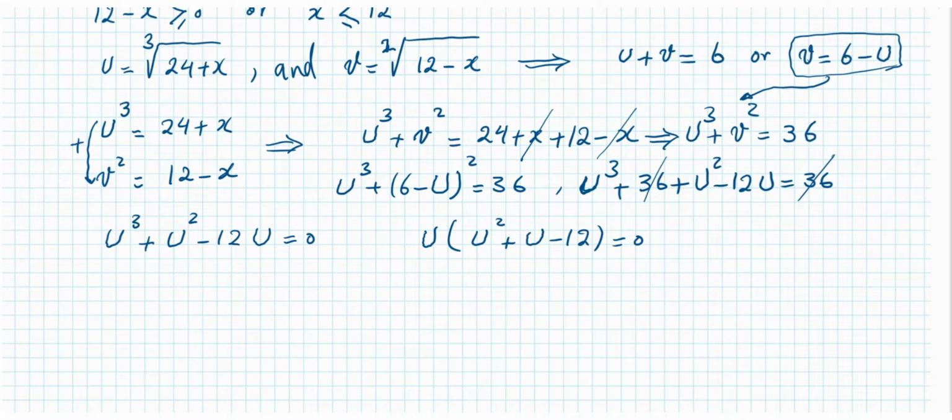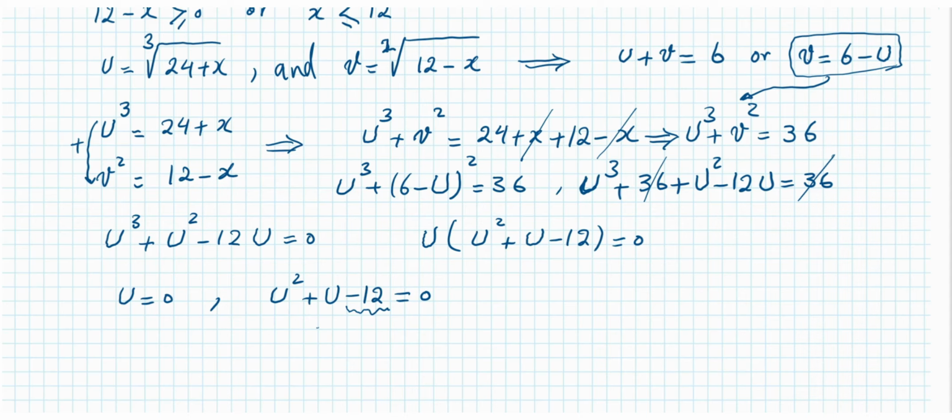We have three different real roots for this equation. u is 0, so that's one of the roots. u squared plus u minus 12 is 0, and here we can use the standard method of solving this second order equation, or we can look for two numbers that when you multiply them give minus 12, and when you add them give 1.